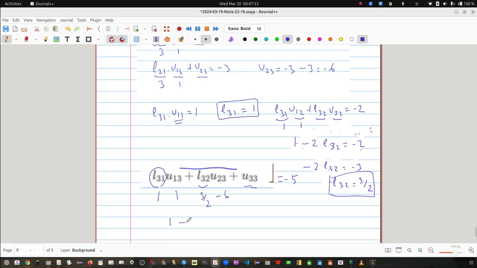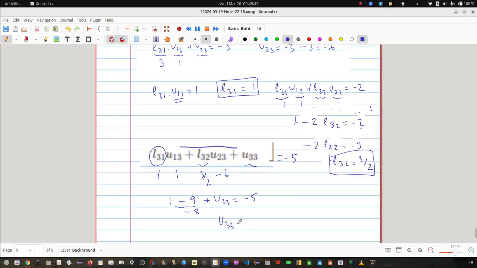So 1 minus 9 plus U33 is equal to minus 5, and that is equal to minus 8. U33 is equal to 3.